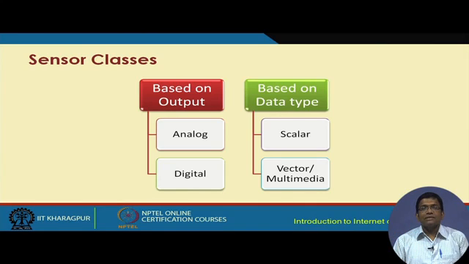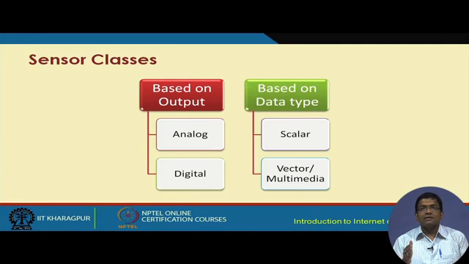Digital sensors give digital outputs, on and off for example, so discrete digital values are given as outputs. Scalar sensors measure scalar variables, meaning only the changes in magnitude, whereas vector sensors measure not only the magnitude, but also the direction.